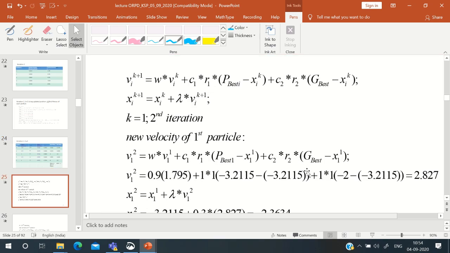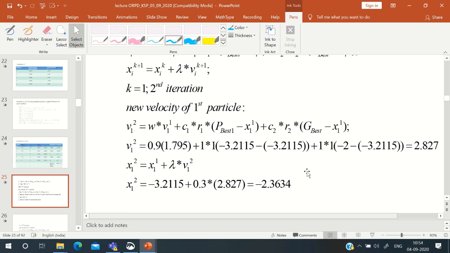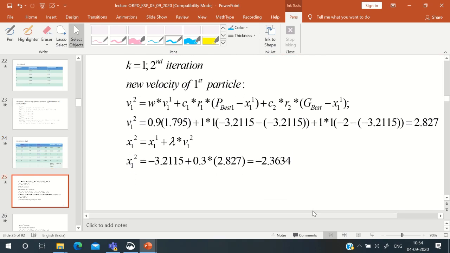Okay, so now let us use this. The new velocity of the first particle at the end of second iteration would be equal to 0.9 into v1 superscript 1. We obtain this value.